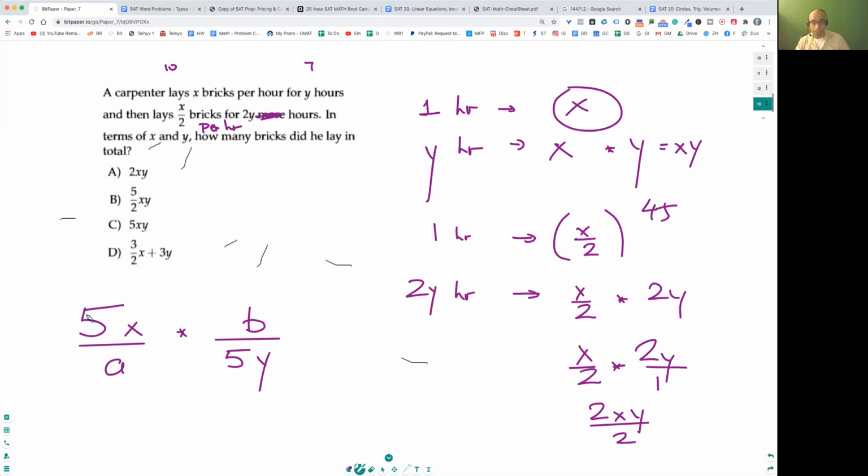What happens is you can cancel out this 5 in the numerator and denominator, right? You can cancel this out completely. That's the whole idea. And so the answer is X times B over A. So you can cross out these numbers any which way you want, right?